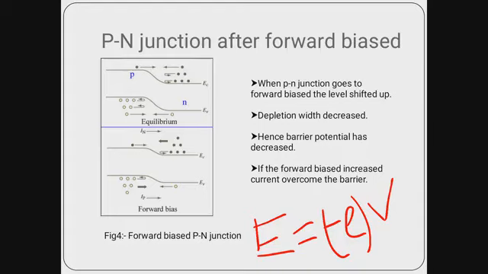If we increase the external potential, we get more and more current up to a certain point, which is called the knee point. In case of silicon, that will be 0.6 or 0.7 electron volt. In case of germanium, it will be 0.2 or 0.3 electron volt.